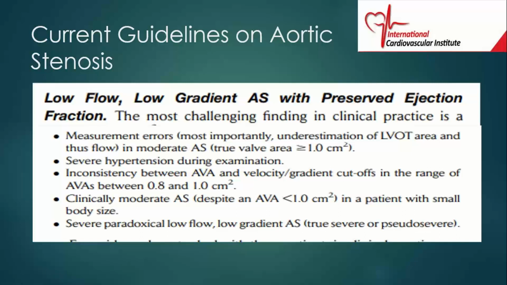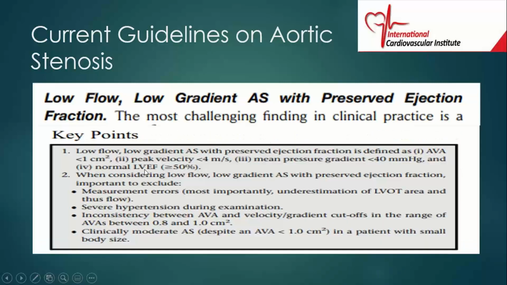Remember, if the blood pressure is very high, it's going to prevent blood from flowing across the aortic valve. So it's going to reduce the velocity, it's going to reduce the gradient. Okay, so you're going to check that. So these are the things that you're going to look for.